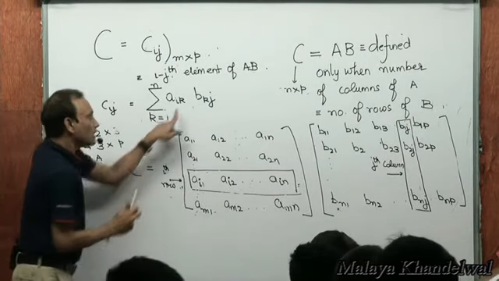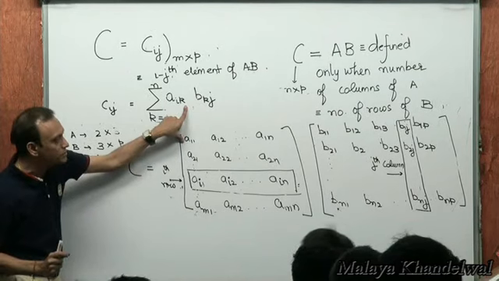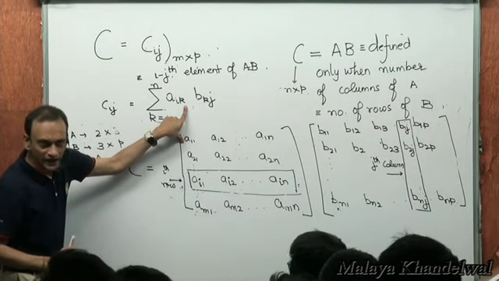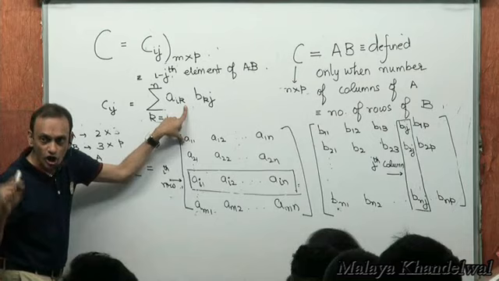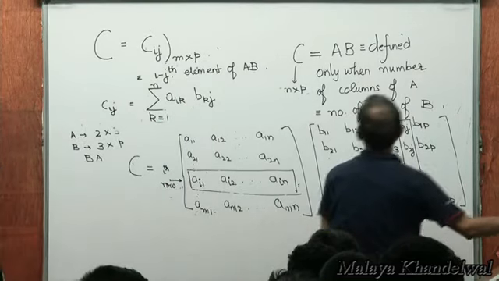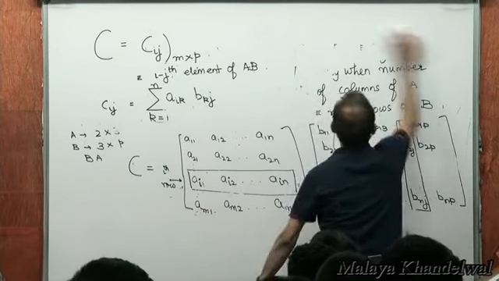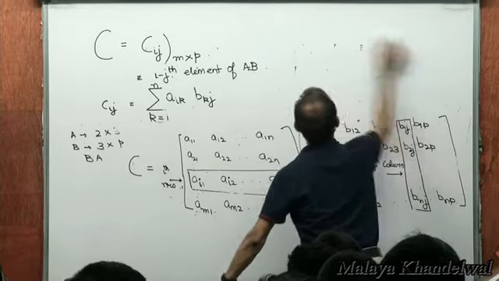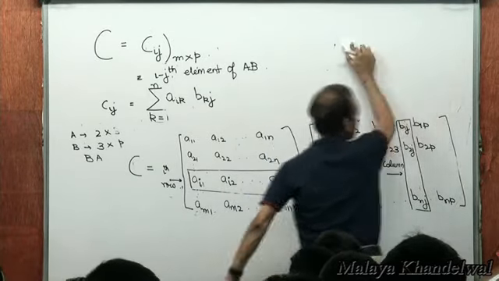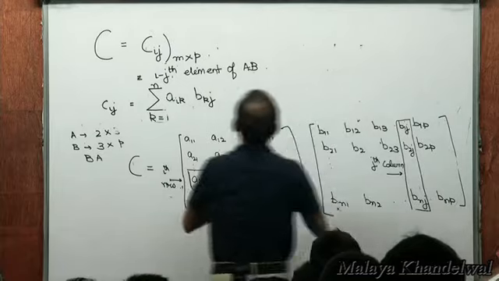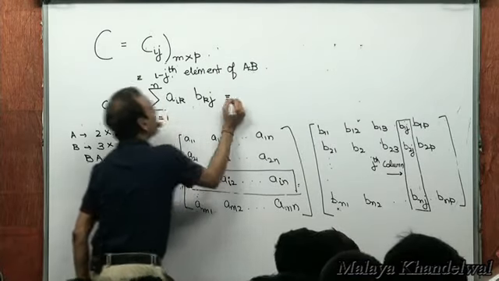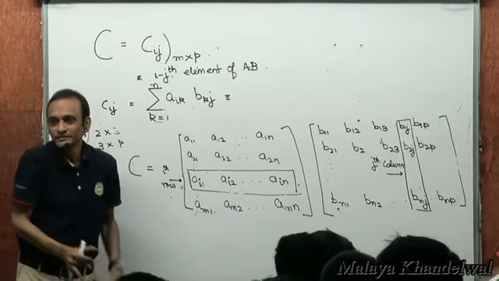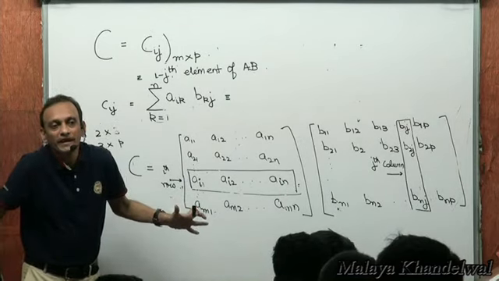So, do you understand how this summation got formed? All of you understand how this summation got formed? Yes or no? Now, every time I'm not going to write a summation notation; I'm going to be a little more laymanish in my expression.